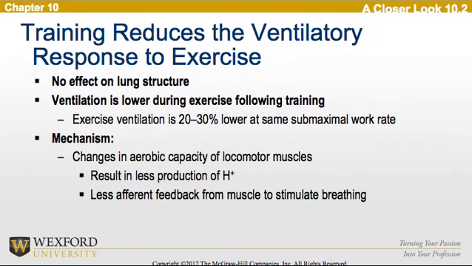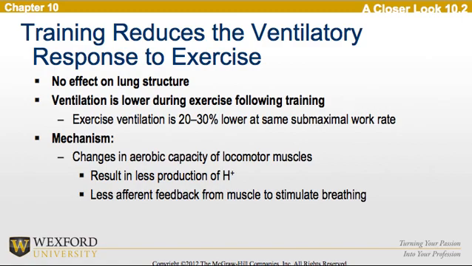Now, if we see how training reduces the ventilatory response to exercise, we see that there's actually no effect on the lung structure. But ventilation is lower during exercise following training. We see that exercise ventilation is about 20 to 30% lower at the same submaximal work rate.